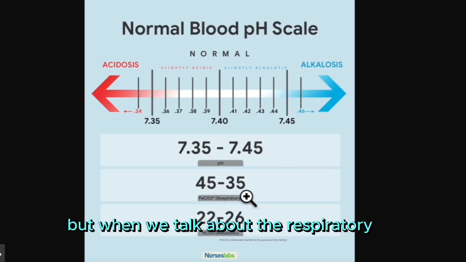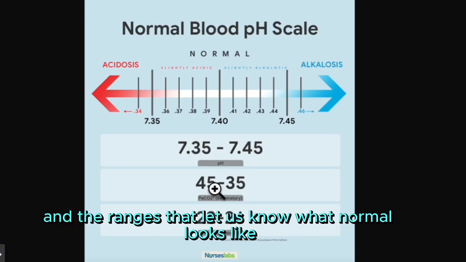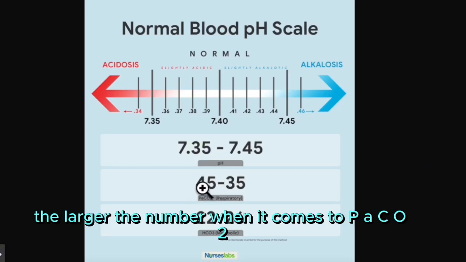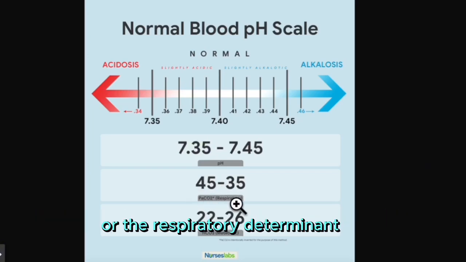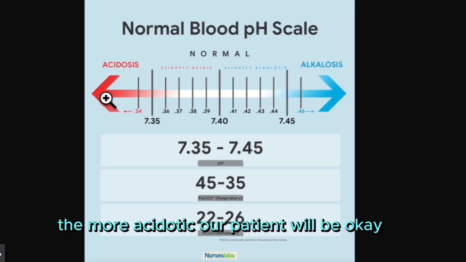But when we talk about the respiratory state of the person, the normal range is still 35 to 45. However, the larger the number when it comes to PaCO2, the respiratory determinant, carbon dioxide, the more acidotic our patient will be.